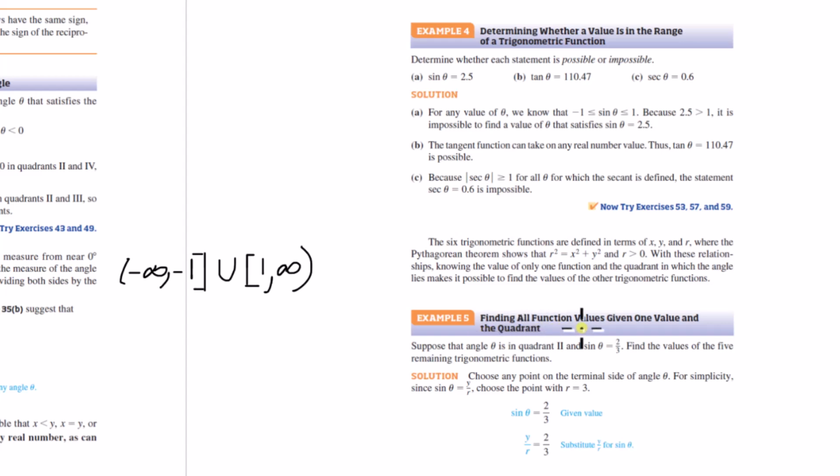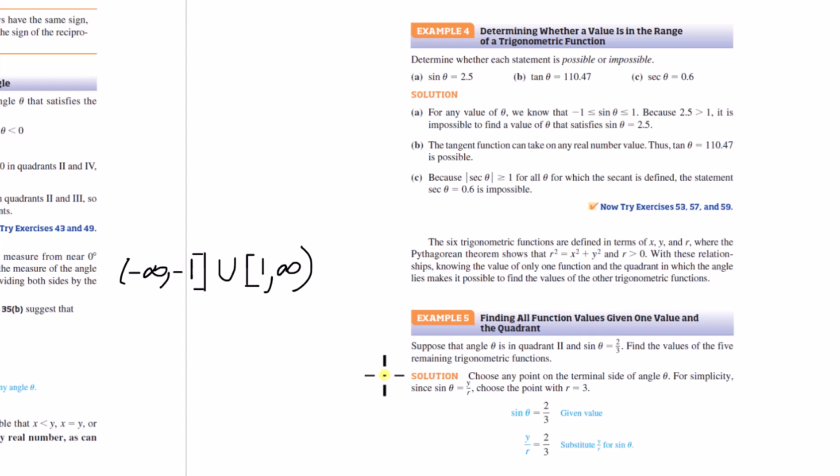Finding all function values given one value and the quadrant. That's what they're talking about here. We're not going to go through this example, but we'll work examples and you'll get a feel for it. If you have a trig function value and you know the quadrant, then you know what the signs of the trig functions must be.